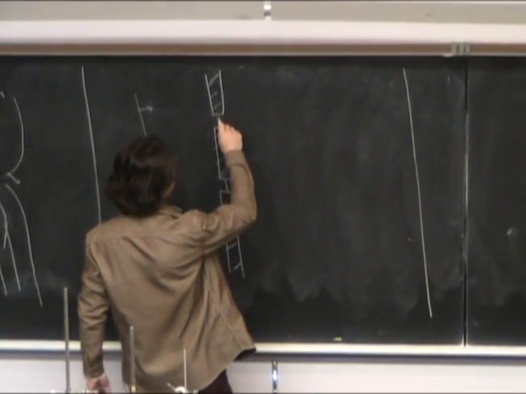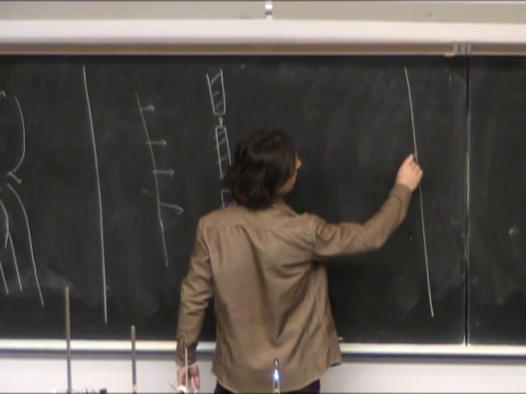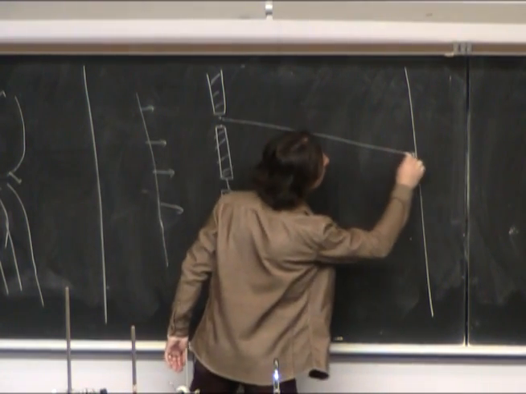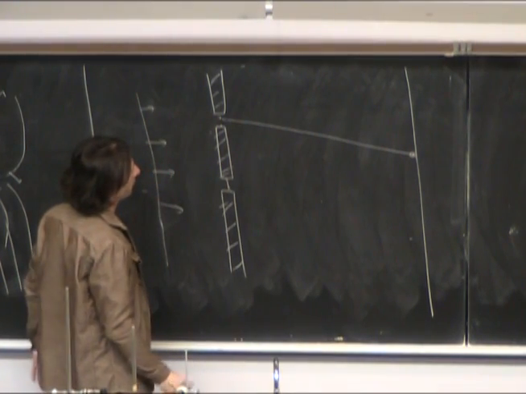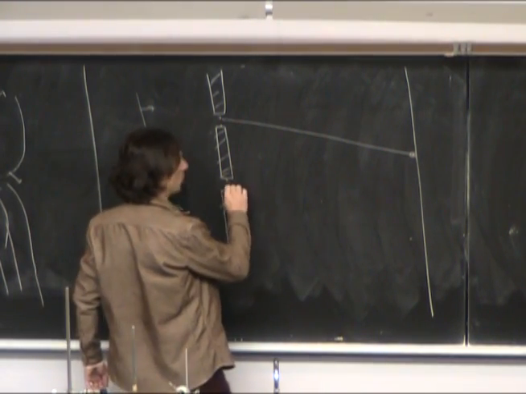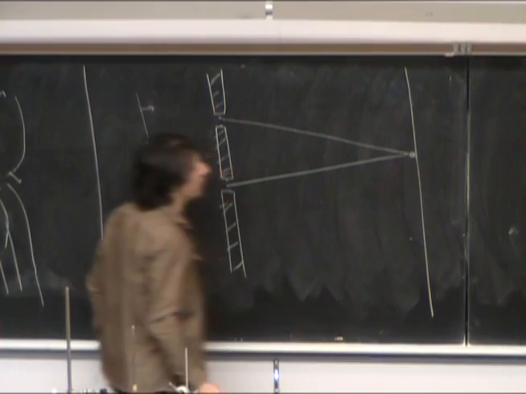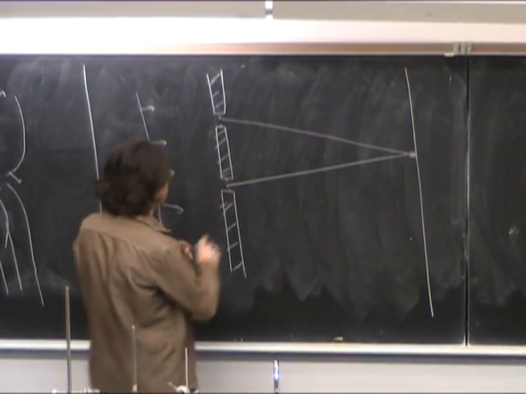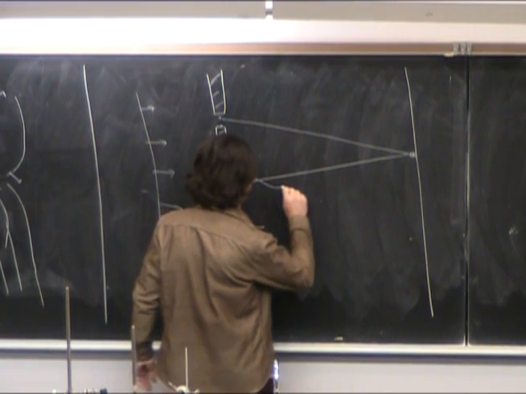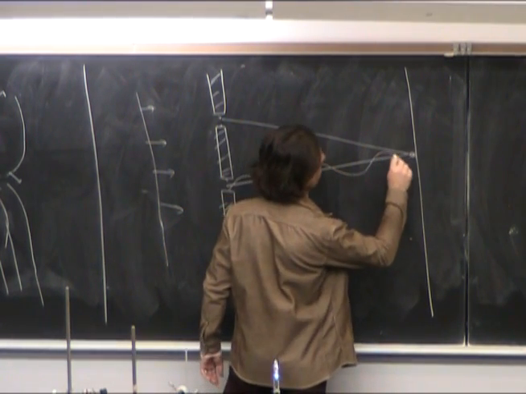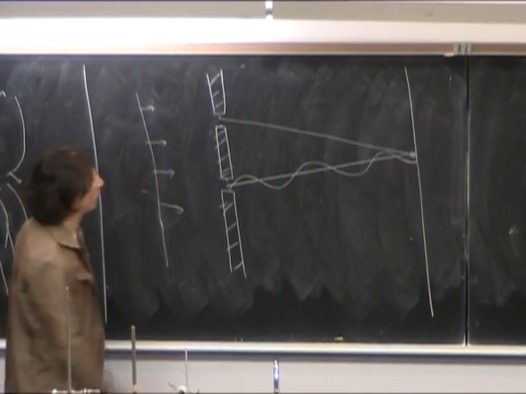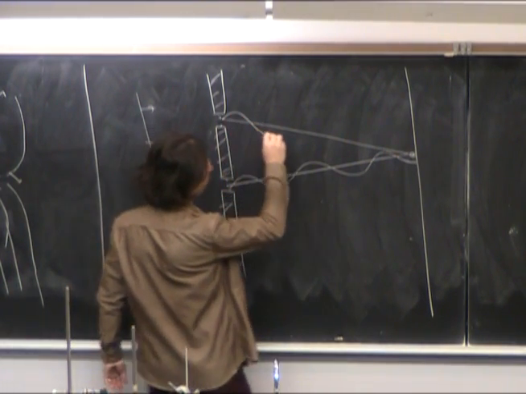So what do I expect to happen, for example, at this point? There will be a wave going along this line and another wave going along this line, just like in your homework problem with two speakers. The wave traveling this way comes there at the minimum, and so is the wave traveling this way.